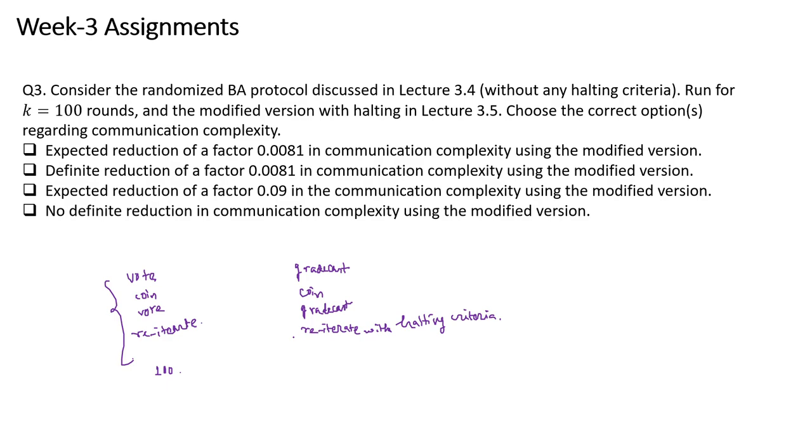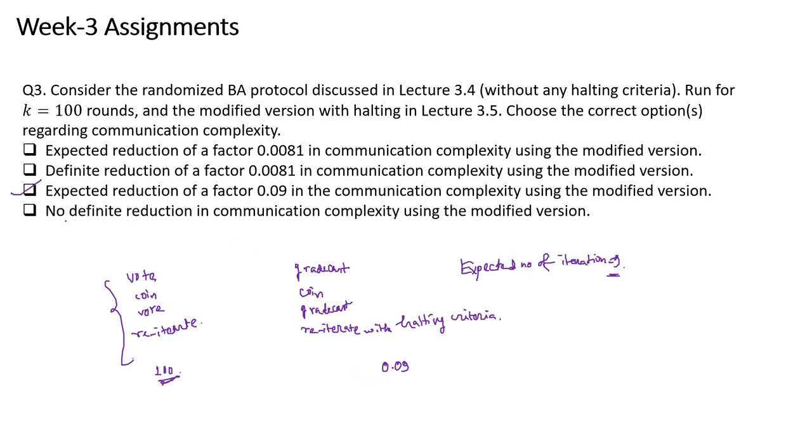So using that criteria, we had seen that the expected number of iterations was 9. So clearly here you are doing 100 iterations and here your expected number of iterations is 9. So you reduce the expected communication complexity to a factor of 0.09, right.